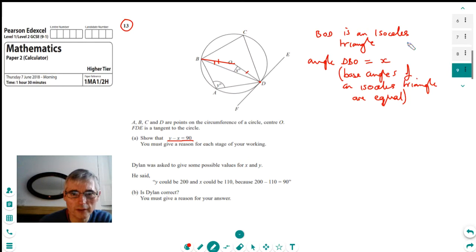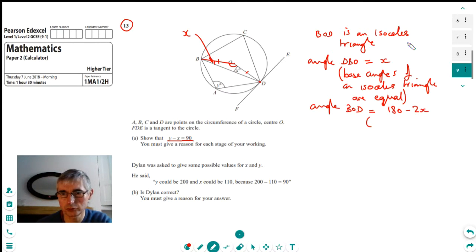Okay, so if we know that that one is x as well, there we go, there's x, then we can actually find this angle here simply through knowing that angles in a triangle add up to 180. So we can say angle BOD is going to equal 180 minus 2x.